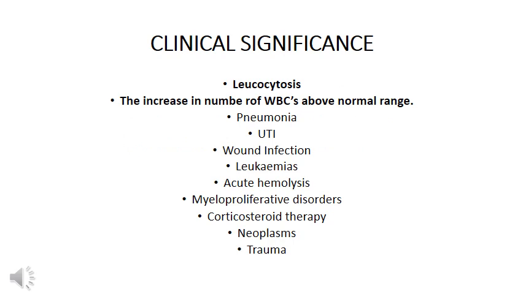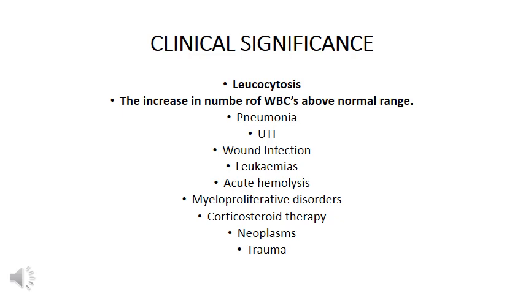There are two important clinical conditions, one known as leukocytosis and the other known as leukopenia. Leukocytosis is the increase in number of WBCs above the normal range. It means the WBCs go above the upper normal range, and the upper normal range is 10,000 in case of adults. So more than 10,000 WBCs in blood is known as leukocytosis.